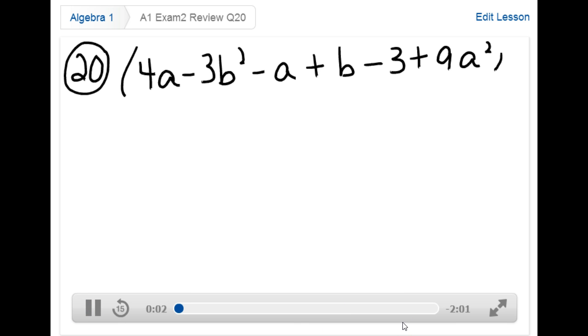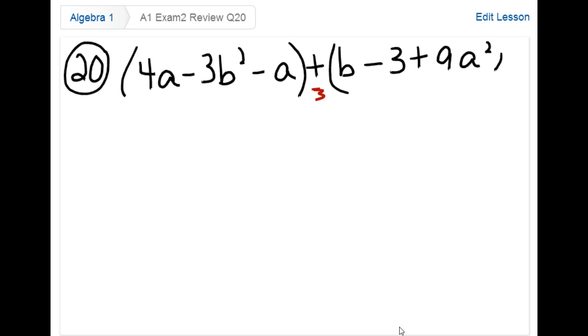Question 20. Find the sum or difference. The quantity 4a minus 3b squared minus a plus the quantity b minus 3 plus 9a squared. Okay, this sign here in the middle is plus, so that means we can just drop the parentheses.